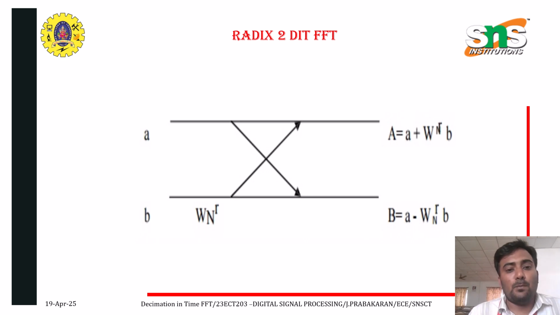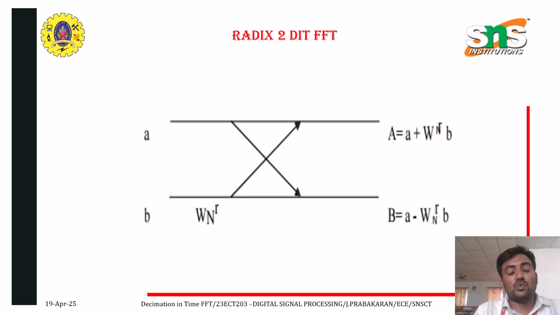This is the basic flow graph for the decimation in time algorithm in FFT, which is called the radix 2 DIT-FFT algorithm. You can see two horizontal lines with one cross in between. The left side of this flow graph is the input, and the right side is the output. The inputs are a and b, and the twiddle factor is W suffix N prefix r.